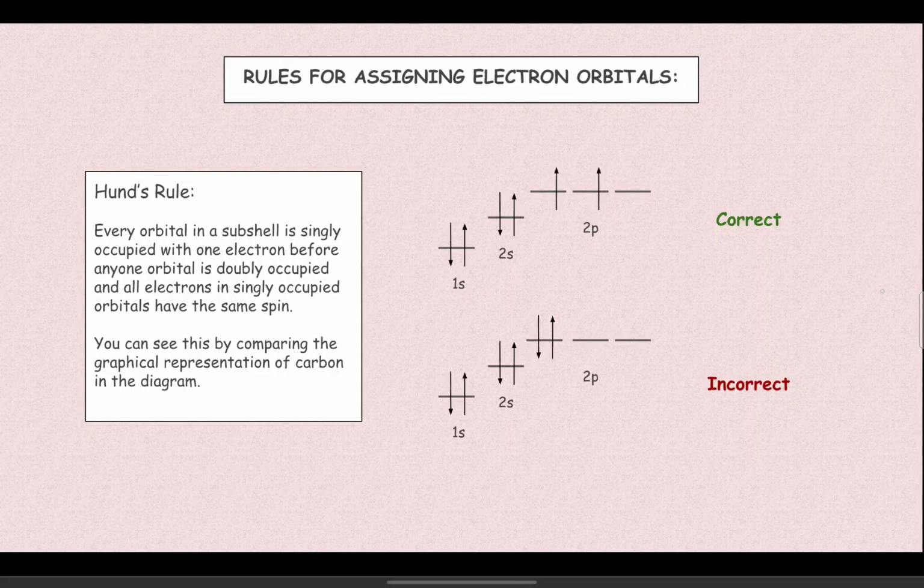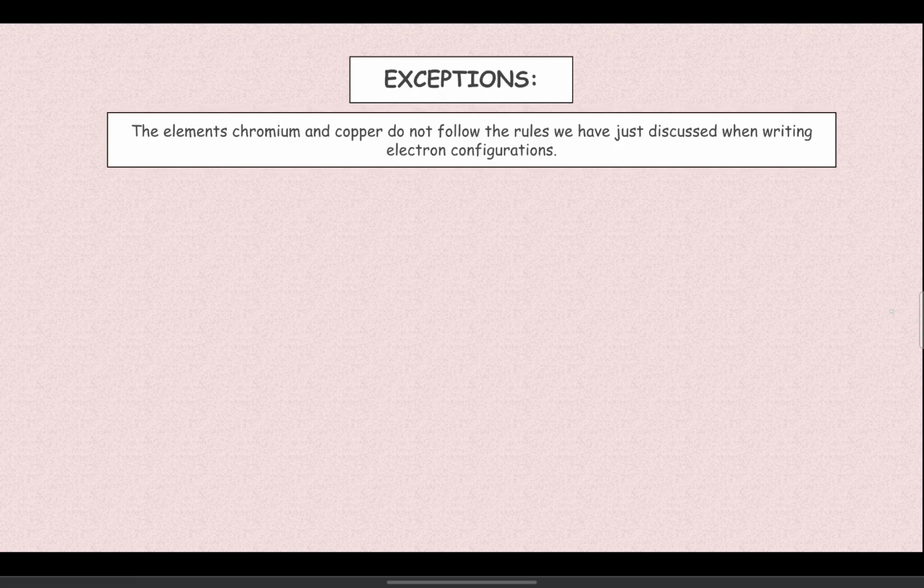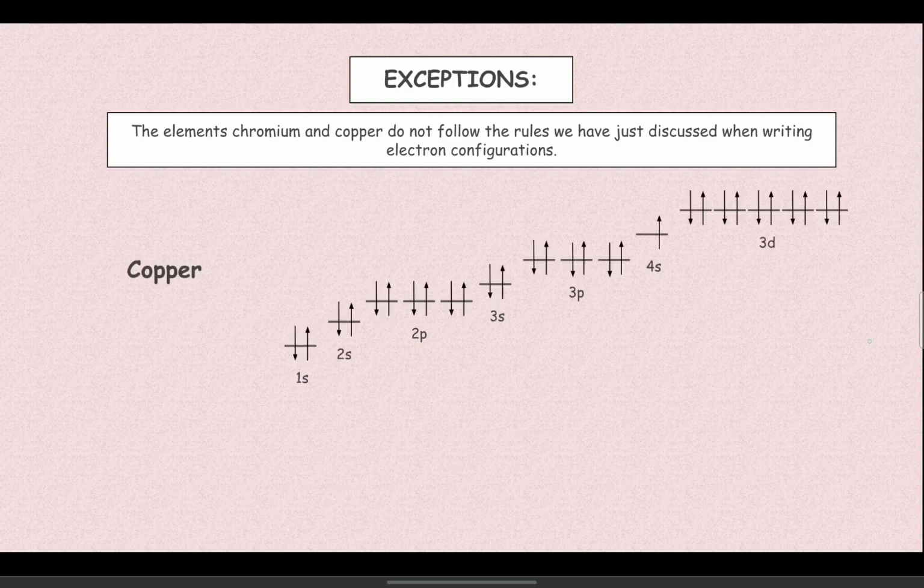Now in chemistry, we love our exceptions. There are only 2 for thermochemistry level 3, and they are the elements chromium and copper, and they do not follow the rules specifically. We'll have a look at this here. You have copper. We'll go back. This is the correct way of doing it. And the keen-eyed people watching would go, why wouldn't you fill this 4s first?